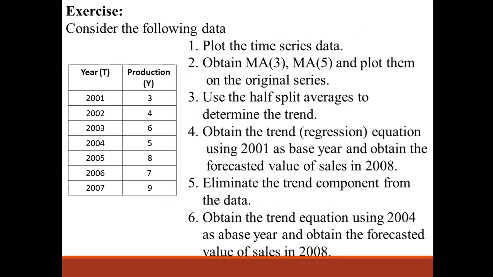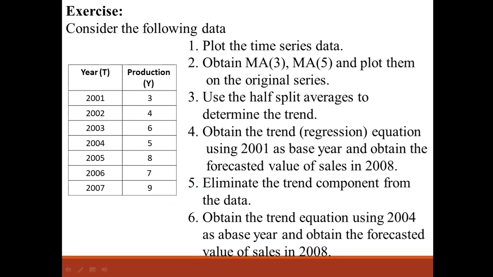The second example is: consider the following data, and he wants to plot the time series data, obtain MA3 and MA5, and plot them on the original series. Use the half split averages to determine the trend. 4.